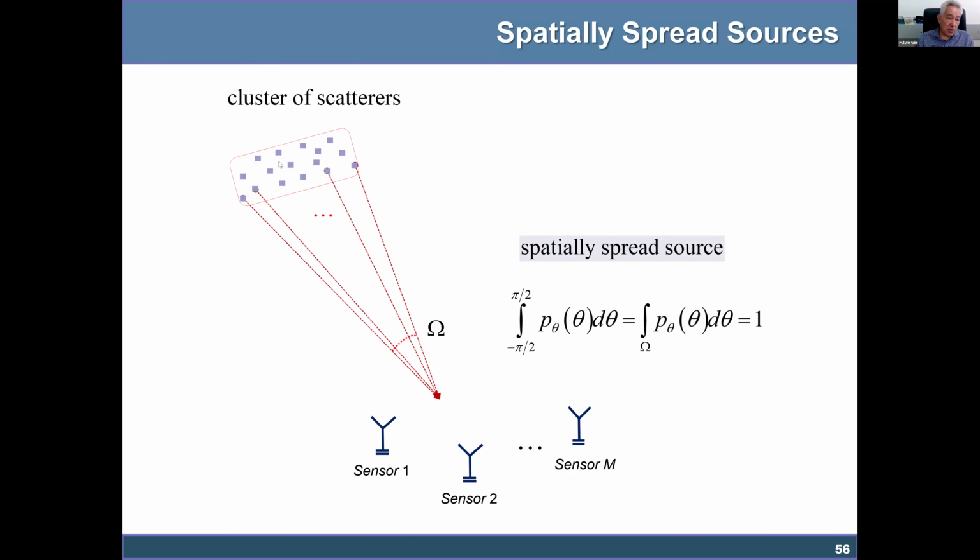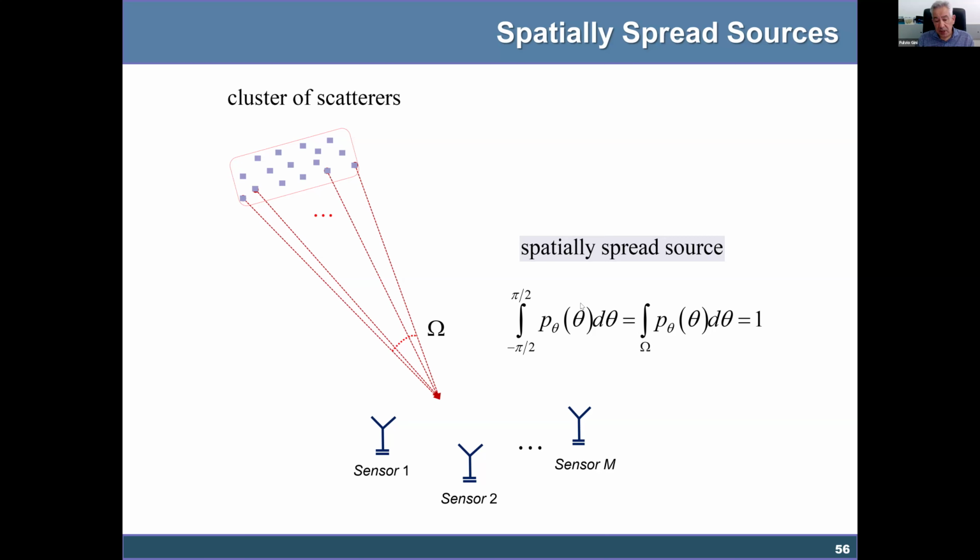So instead of having a point-like target, you have a target or a source that is made by a cluster of scatterers distributed over a sector omega.